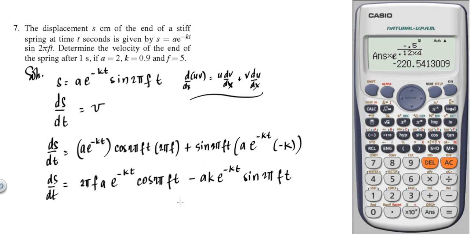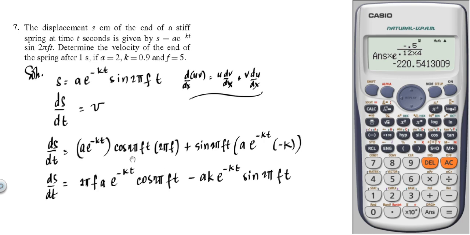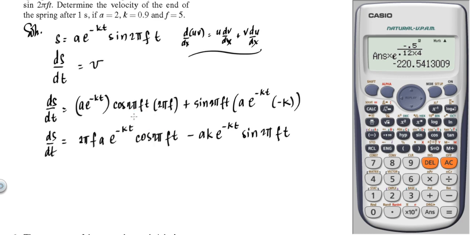Okay, then evaluate this when t is 1 second, a is 2, k is 0.9, and f equals 5.